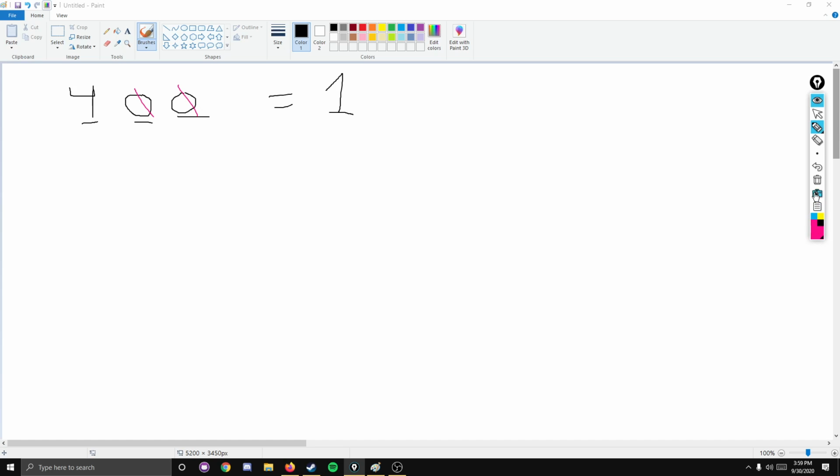Now, if we were to take 400 and put a decimal place here, that now gives us 3 significant digits or figures. It's this decimal place that makes these zeros significant.